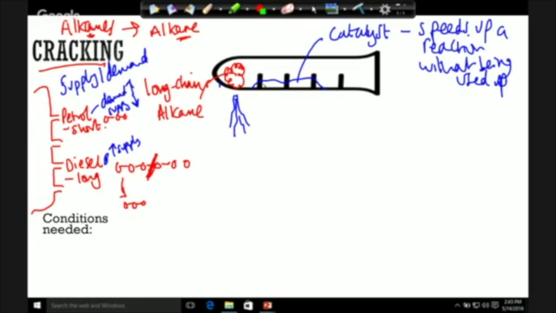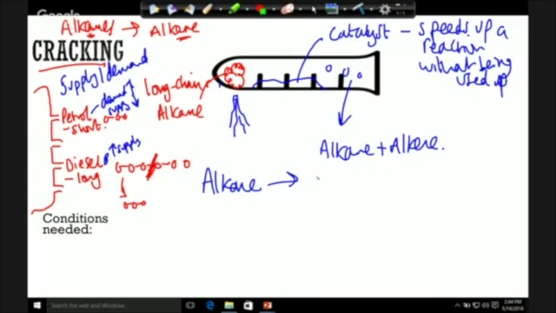So if we heat this up, that will then give us an alkane and an alkene. So the products of cracking will be two shorter molecules. One of those will be an alkane and one of those will be an alkene. So we've got a long chain alkane, and our products are going to be an alkane and an alkene.